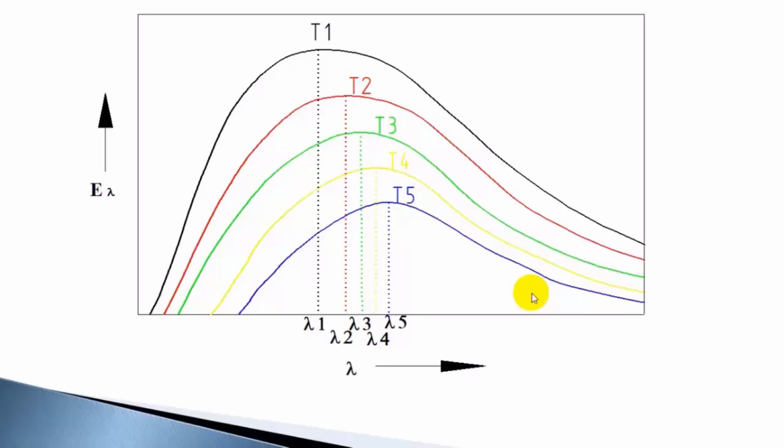Wien's displacement law states that the product of temperature and wavelength at which monochromatic emissive power is maximum is a constant, and that constant is 2897.6 micrometer Kelvin. So the product of lambda and the temperature at which the peak occurs is equal to 2897.6 micrometer Kelvin. This is Wien's displacement law.